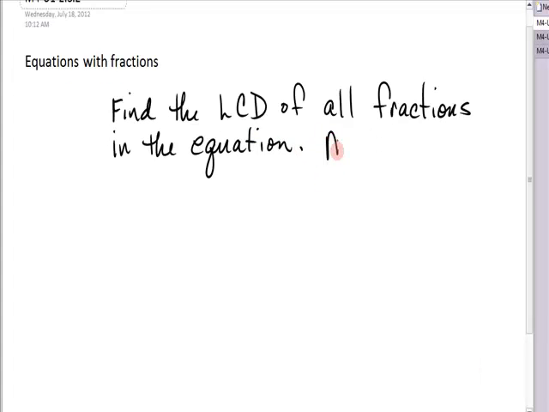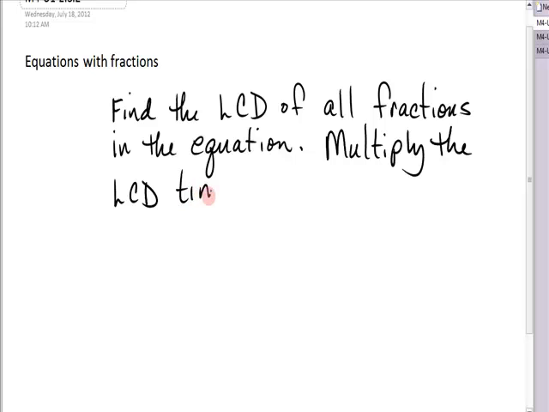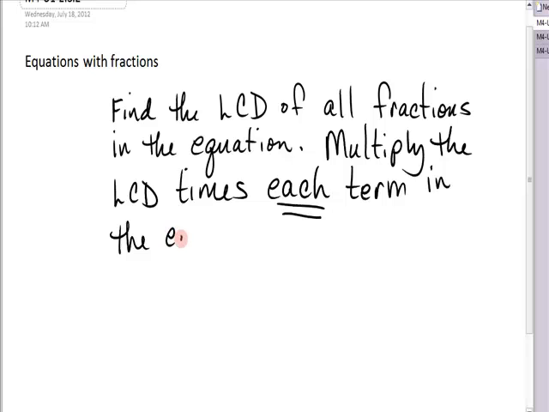Then you're going to multiply the LCD times each term in the equation. That means you're going to multiply the LCD times the terms that are fractions and the terms that are not fractions.